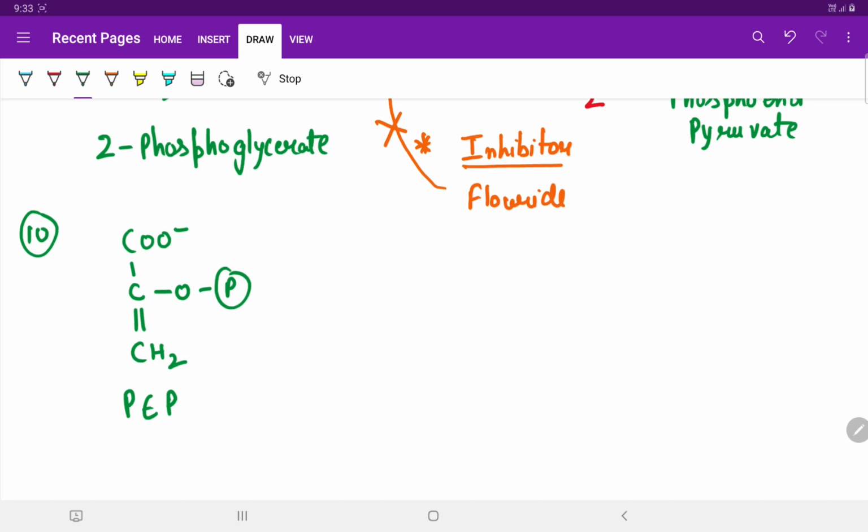In the presence of the enzyme pyruvate kinase, this is an irreversible reaction.